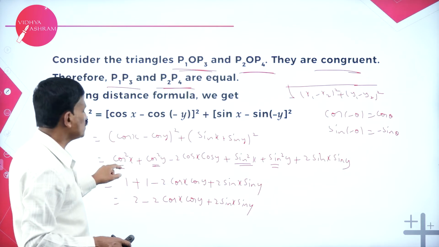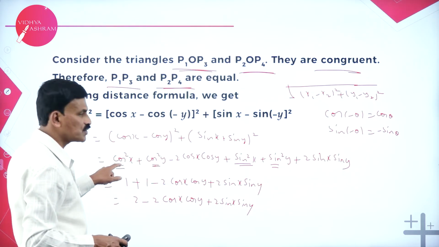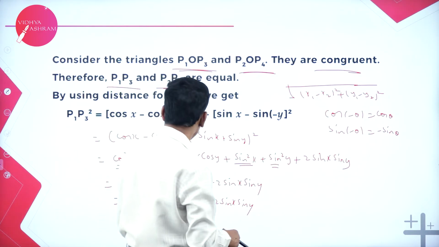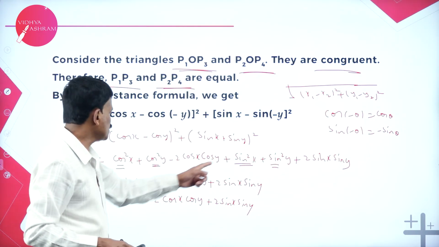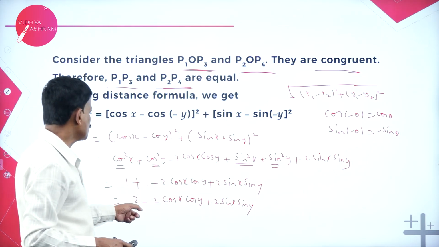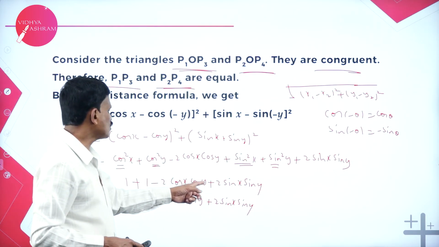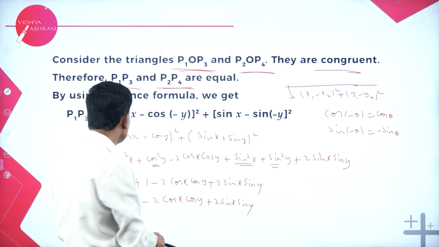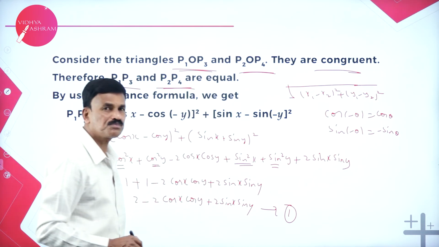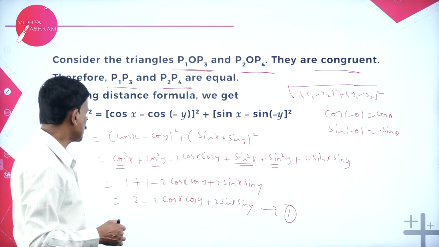So, a square plus b square minus 2ab, and a square plus b square plus 2ab. Here cos square x plus sin square x is 1, again cos square y plus sin square y is 1, 1 plus 1 is 2, minus 2 cos x cos y plus 2 sin x sin y. Let us represent this as equation number 1.